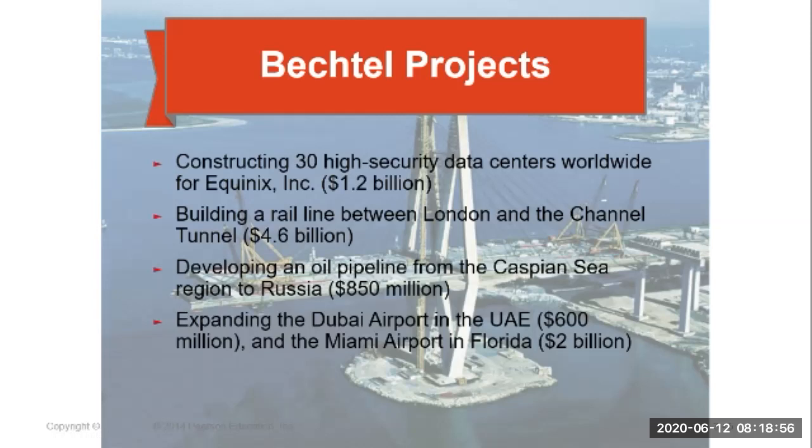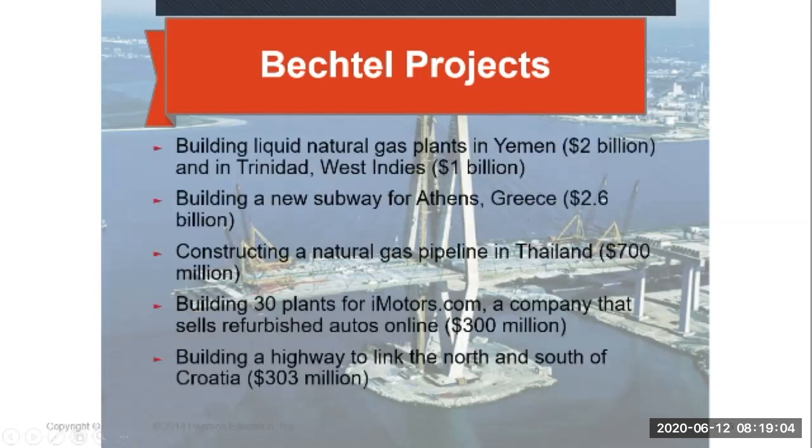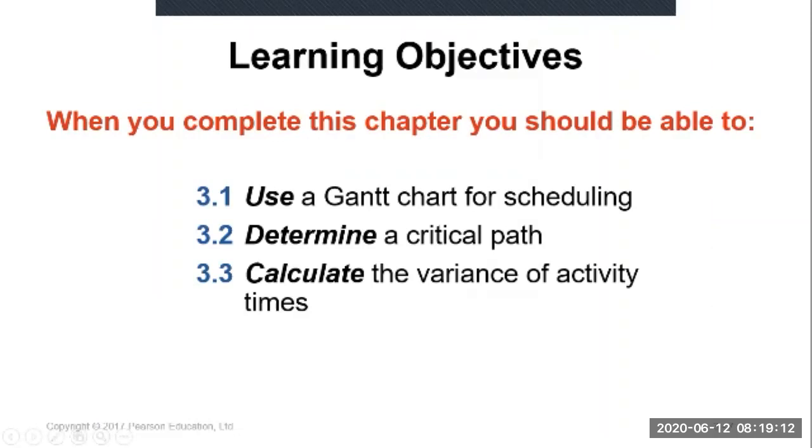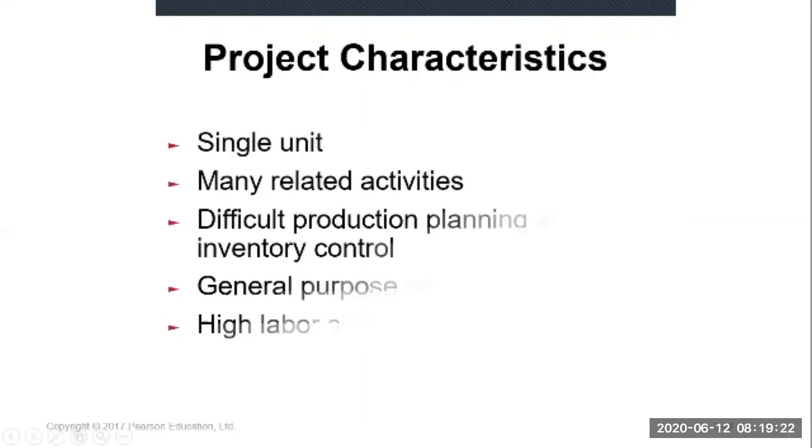We can use them in any area as long as you have a project. This is an example of their project. They are really good in the project area. So this is what we will learn today: Gantt chart, then we will determine the critical path and then calculate the variation of activities. That's all we do today.